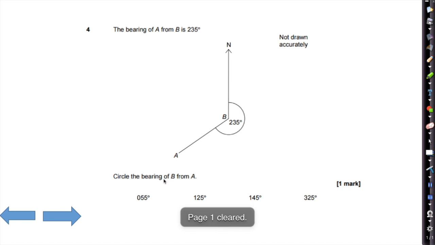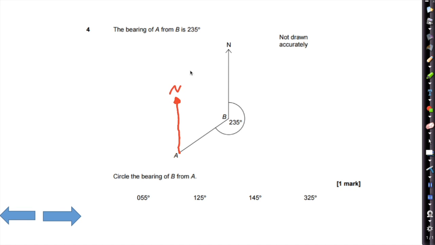With this question, if we're finding the bearing of B from A, then we're going A to B. So what is this bearing in that direction to there? The way to think about this question is to imagine that we've got north drawn straight up here.